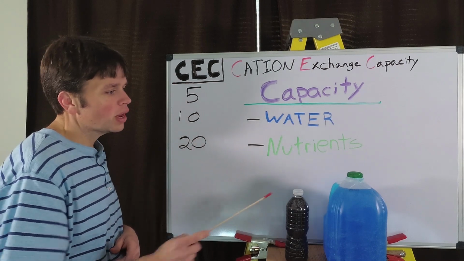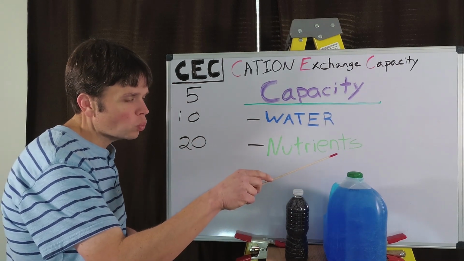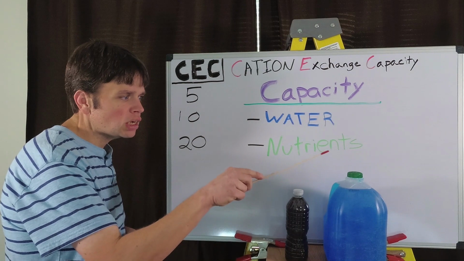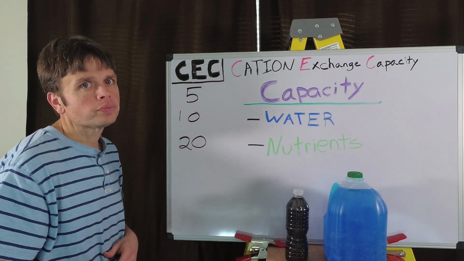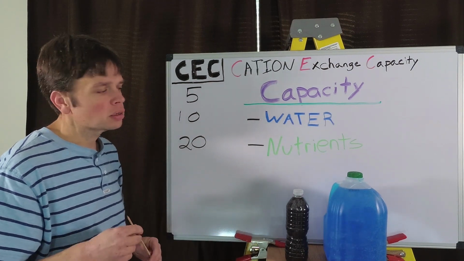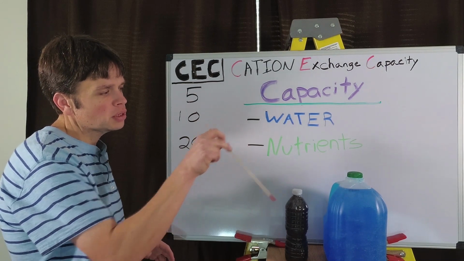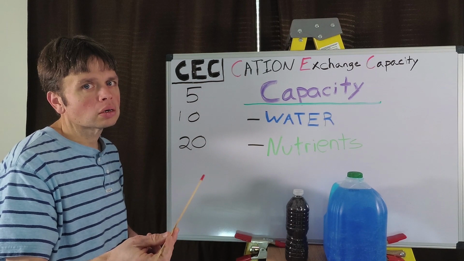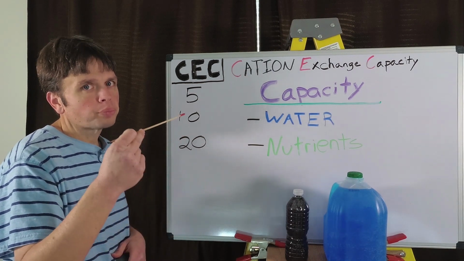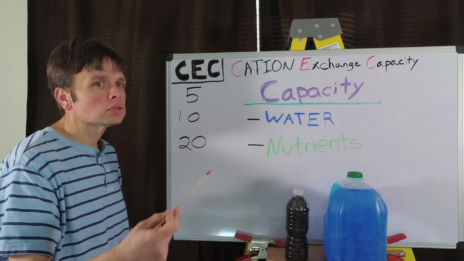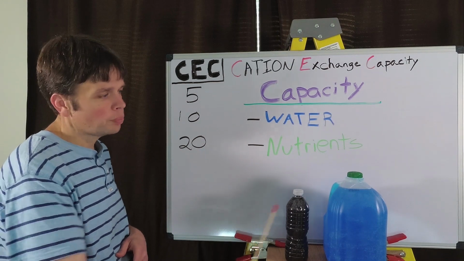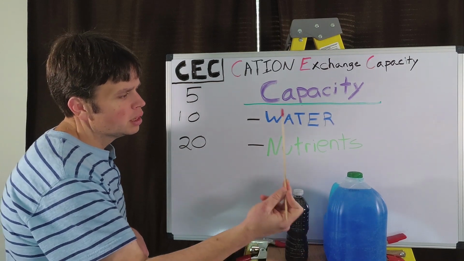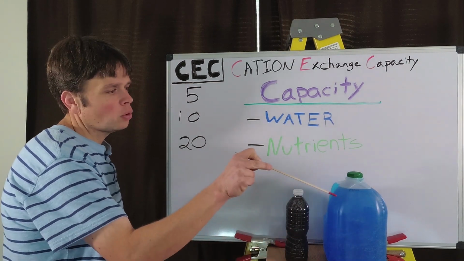I know that I can't feed my plants at each feeding this much, because my soil can't handle it. It can only handle this much at one time, and I have to feed and water my plants multiple times throughout the week compared to if I had a CEC of 20 that can hold this much.